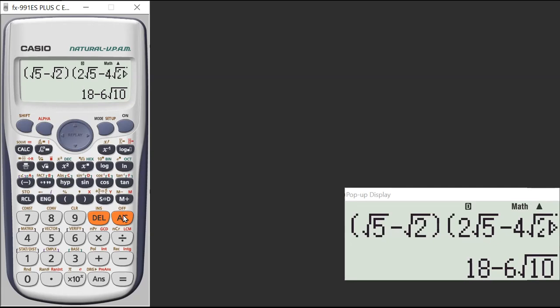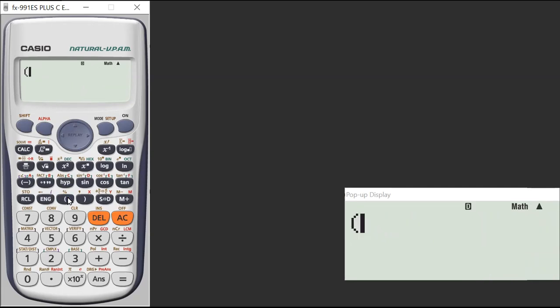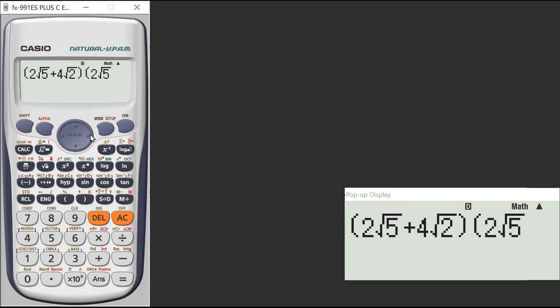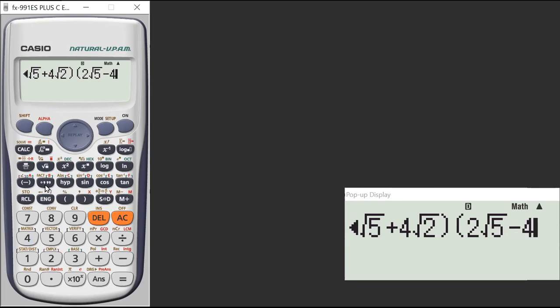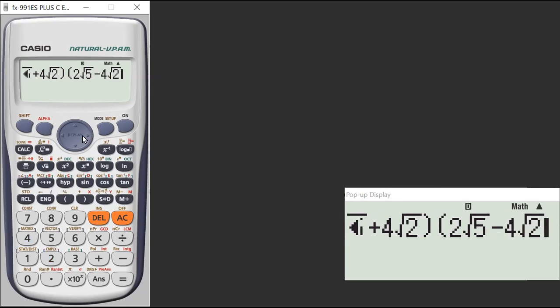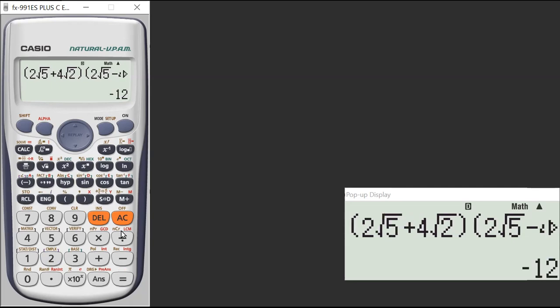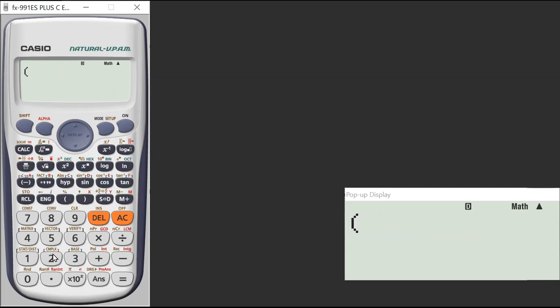You can also check the denominator. 2 root 5, 4 root 2 multiplied by 2 root 5 minus 4 root 2, negative 12, then check the a square minus b square. Whoops, the bracket is in the wrong place.